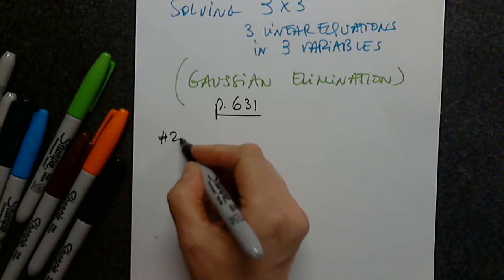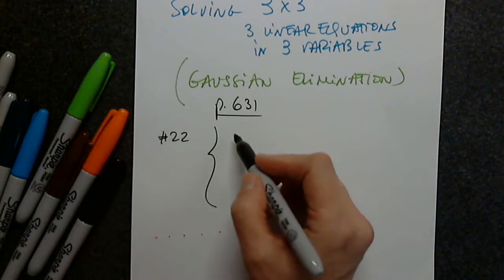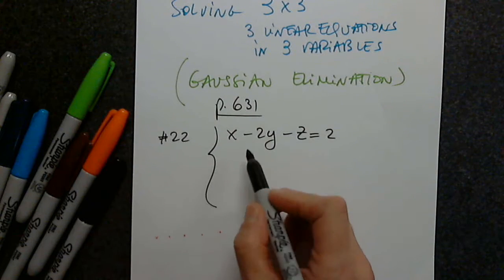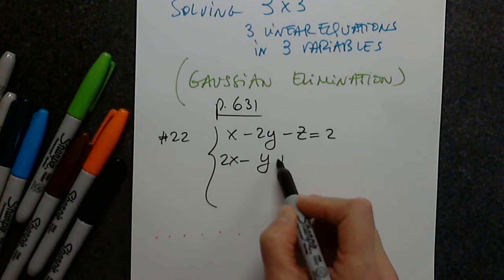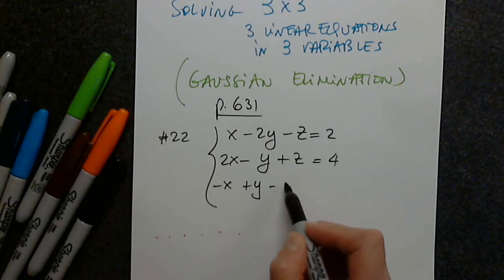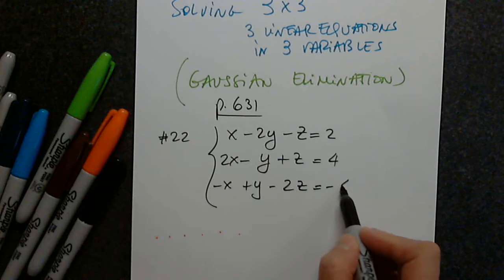I'm going to copy 22. x minus 2y minus z equals 2. 2x minus y plus z equals 4. Negative x plus y minus 2z equals negative 4.